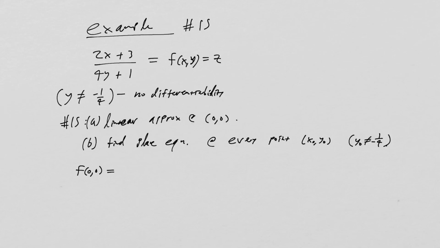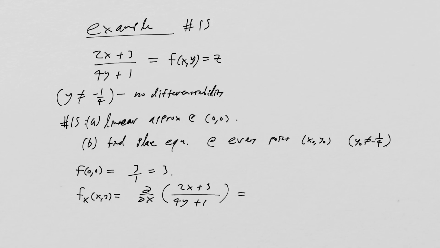That's going to be 3 over 1, which is equal to 3. Cool. Right, now fx. We have to take the derivative of the numerator, so let's take this carefully: 2x plus 3 all over 4y plus 1.